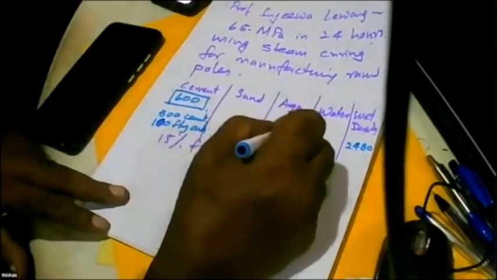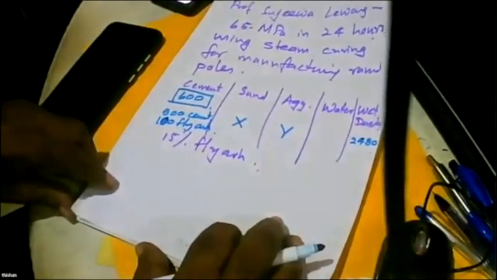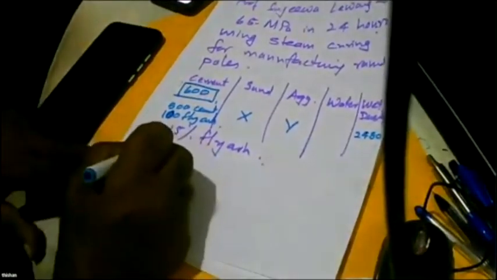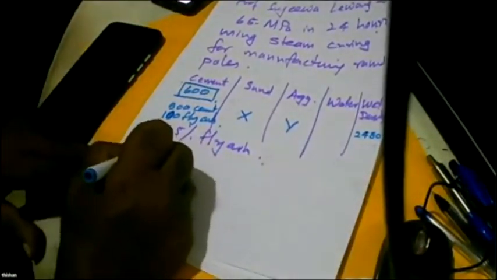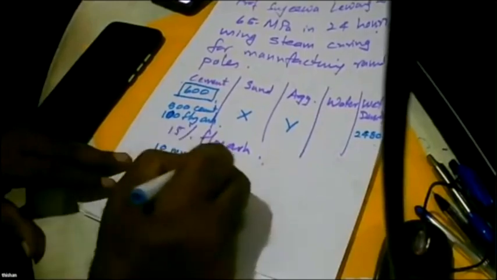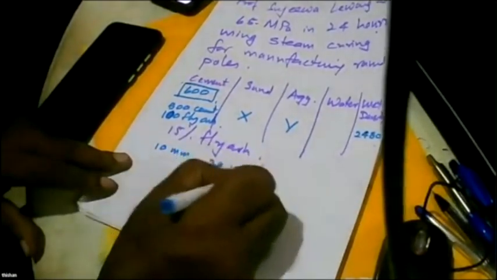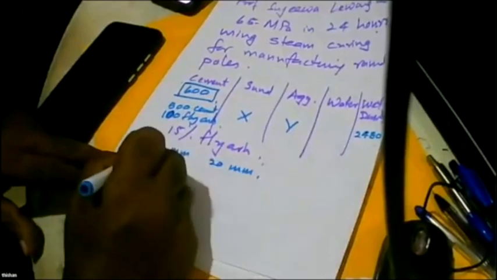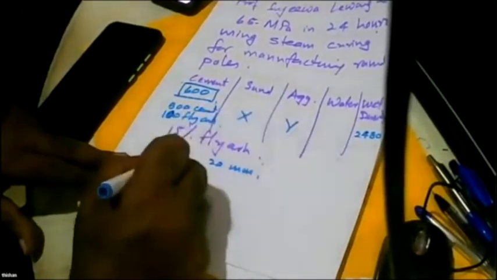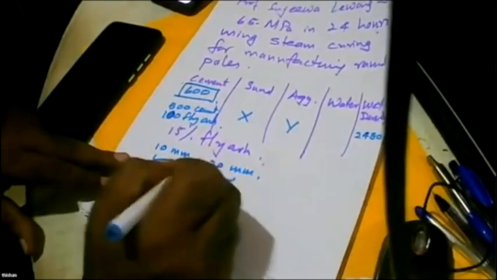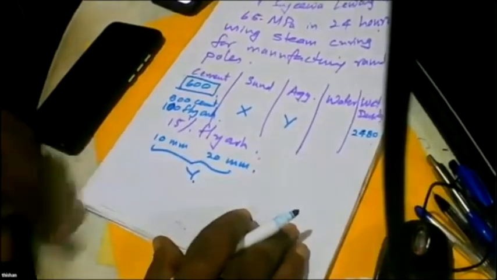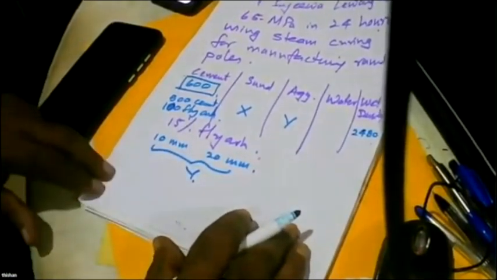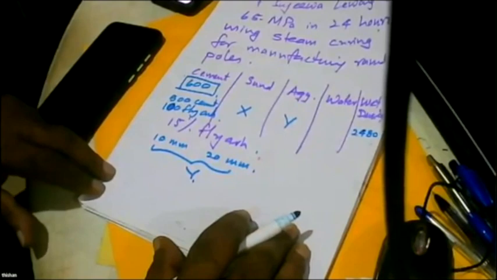For x and y, because this has to be compacted properly, we are going to use a graded mix of 10 millimeter and 20 millimeter aggregates and sand. For this calculation, this is y, and we are going to use a mix of 10 millimeter and 20 millimeter aggregates because they are small poles.